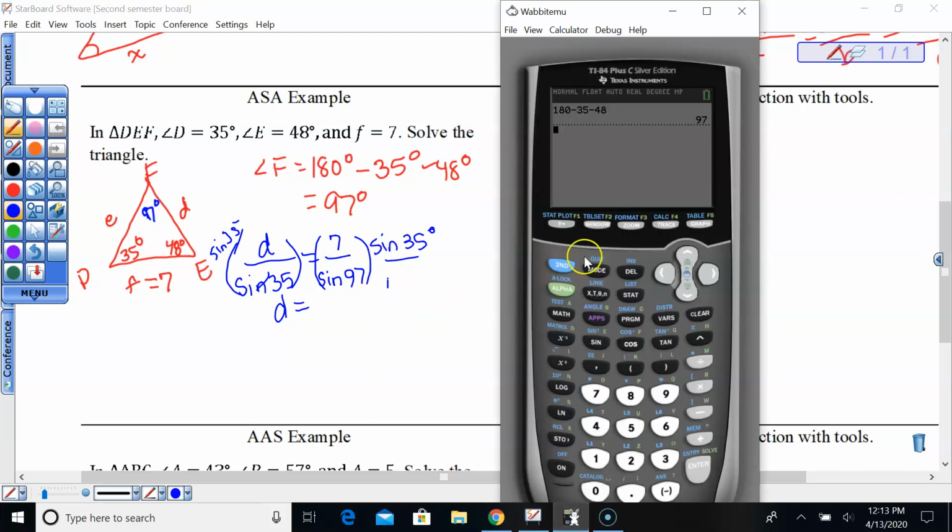So let me get my calculator up, and I'm going to type this in as a fraction. So D equals 7 times the sine of 35, and let me be really careful here. Notice I'm circling here, I'm in degrees, so I'm in the right mode. If your calculator's in radians, please change it. And then we're going to do over sine of 97, and hit enter.